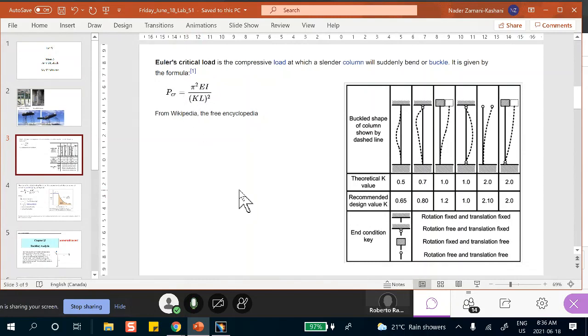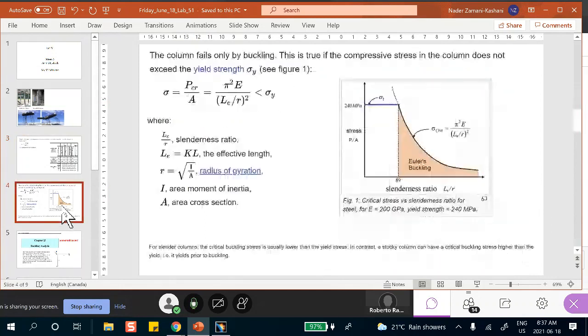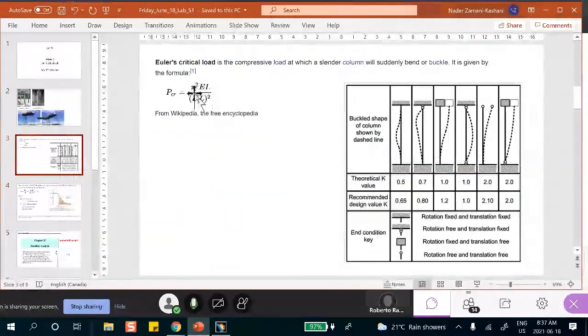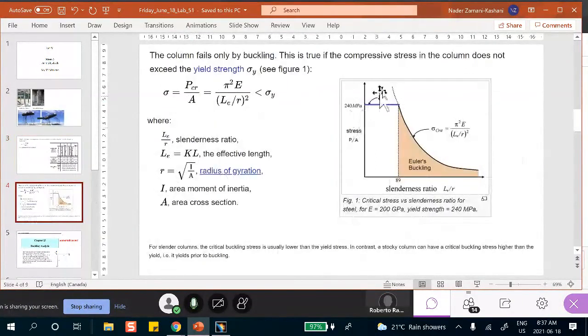Now, a couple of things here. This can also be plotted, so I'm going to show you what the plot looks like. This formula that I gave you is valid only if the material does not yield. If the material yields, obviously this is nonsense. So what you do is you plot this, and there's a cutoff here, and this is not P, it's P over area.